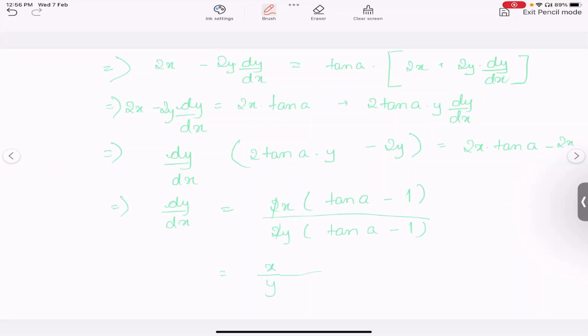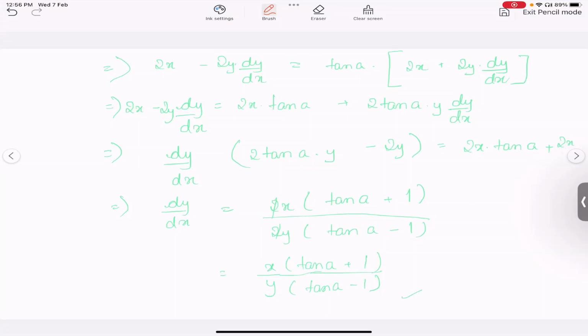I think I made a mistake, this should be plus. So tan a plus 1 by tan a minus 1. So this is our answer.